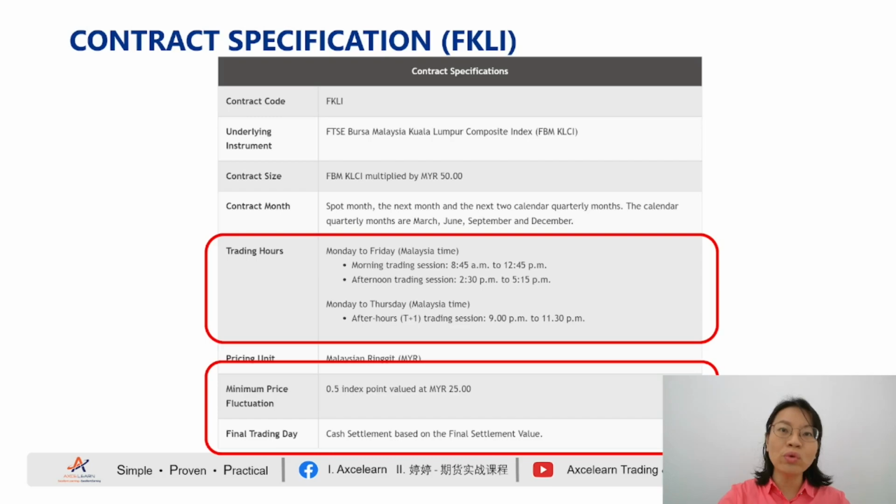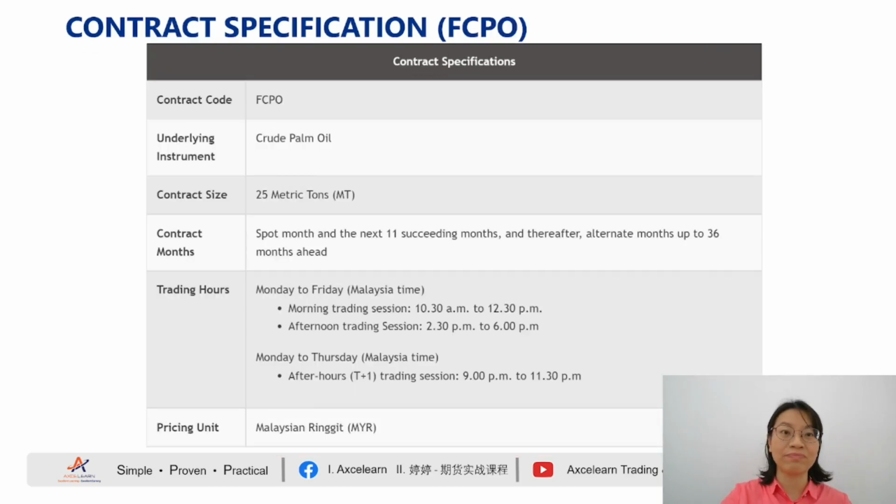Now I'm going to show you another example so that you can understand this contract specification better. The next commonly traded product by retail is the FCPO, our crude palm oil futures product. The same, the contract code starts with F, and anything that starts with F is a futures contract.